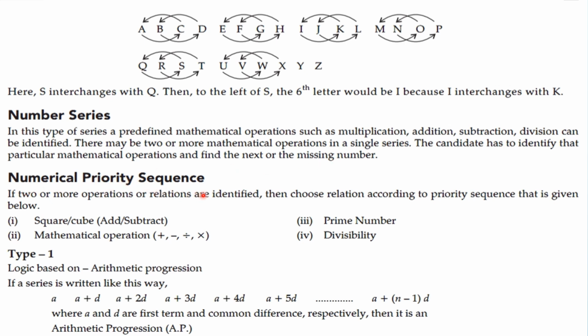Numerical priority sequence: if two or more operations or relations are identified, then choose the relation according to the priority sequence given below. First, square, cube, add, subtract, prime number.